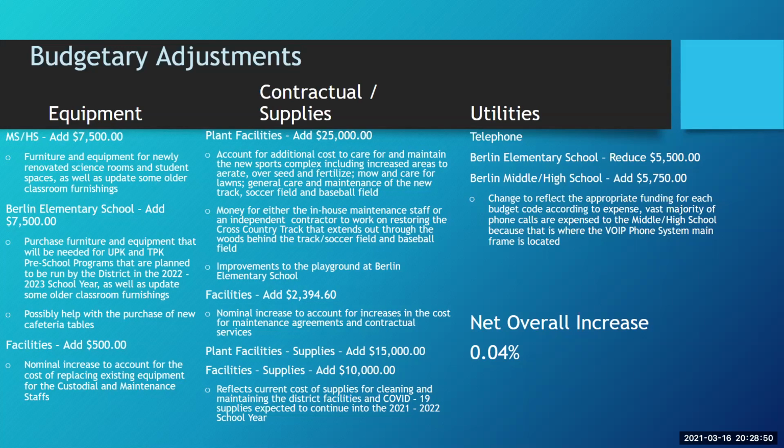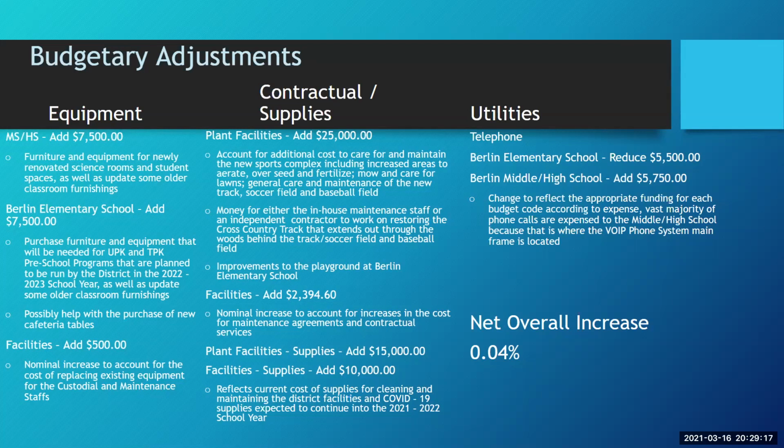And then as far as utilities, again, because of the voice over IP phone system, the phone calls now are all directed through to the middle school, high school, which is where the backbone of that system is positioned, is here. So as a result, the majority of the phone calls are now funneled to the Berlin Middle High School telephone bill.